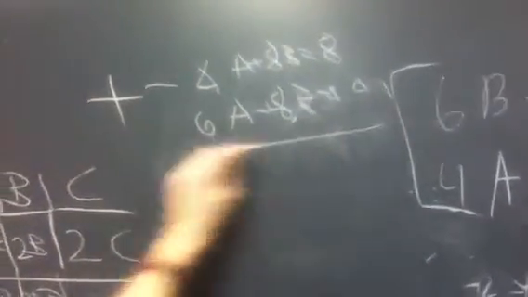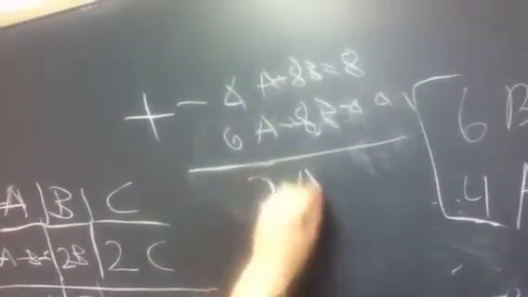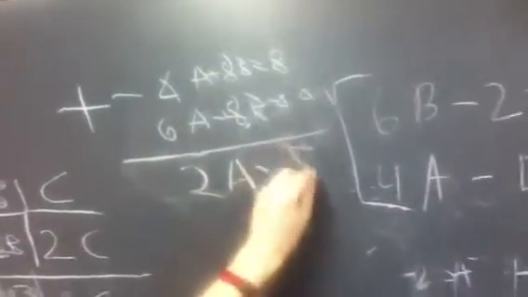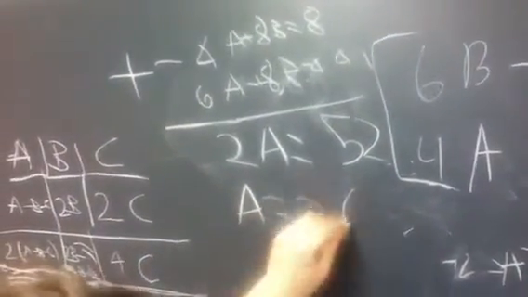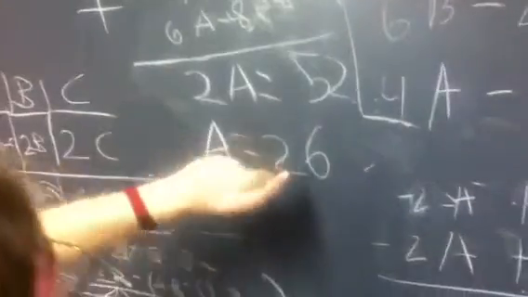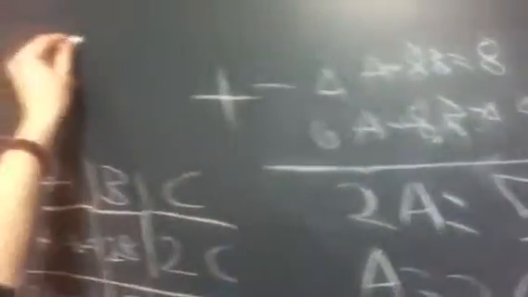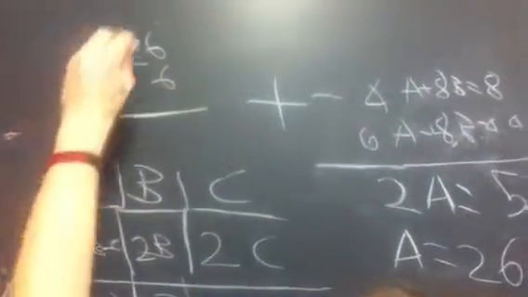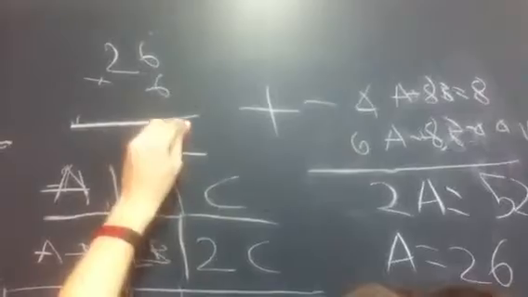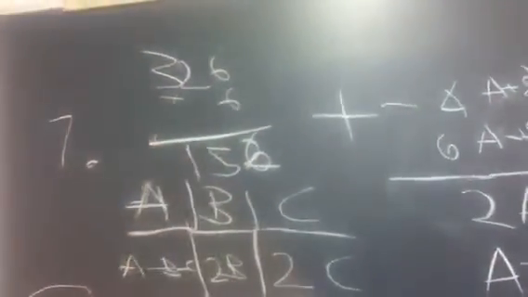I add, getting 2a equal to 52. So a then equals 26. Plug a back into this equation, and 26 times 6 equals 156.